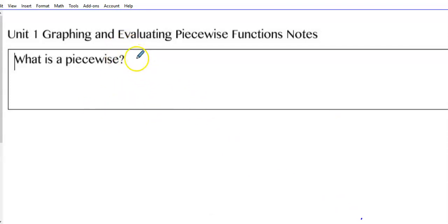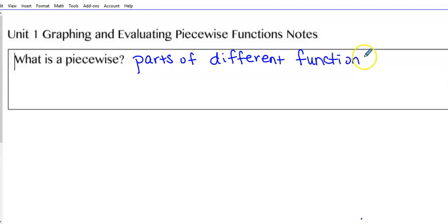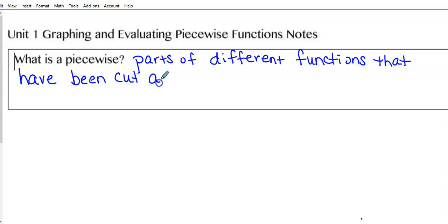Piecewise means that it is parts of different functions that have been cut and pasted together without overlapping.